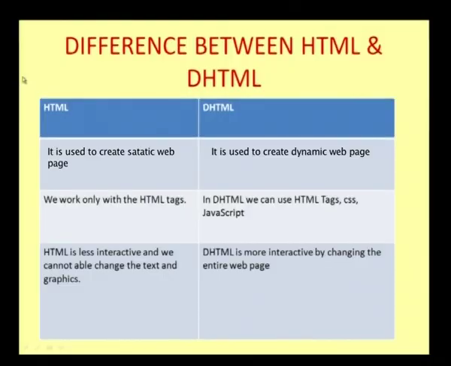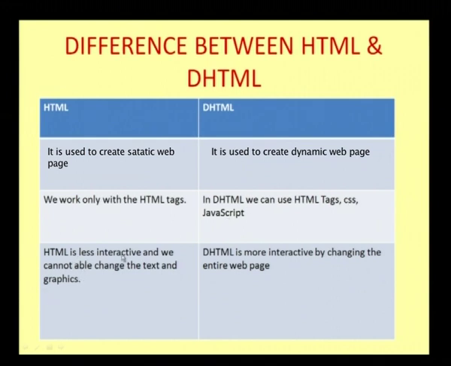So let us see what is the difference between HTML and DHTML. HTML is used to create the static web page, whereas DHTML is used to create the dynamic web page. We work only with the HTML tags in HTML, whereas in DHTML we can use HTML tags, CSS and JavaScript.